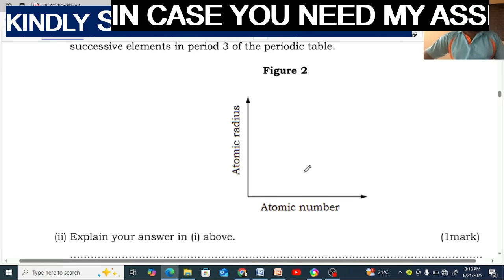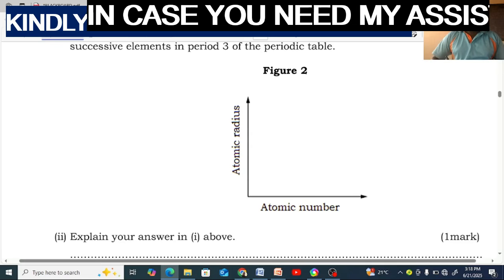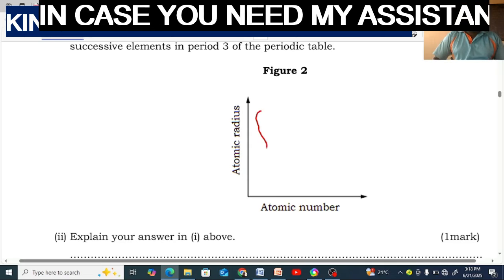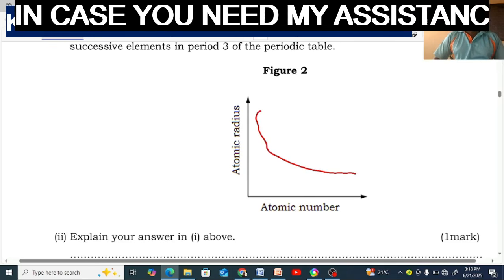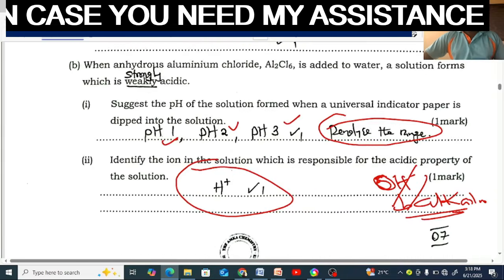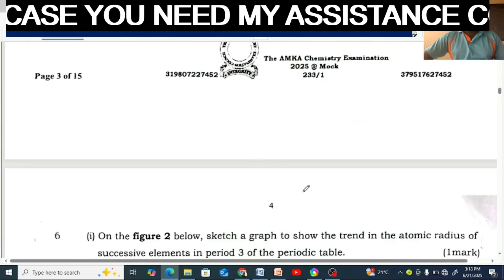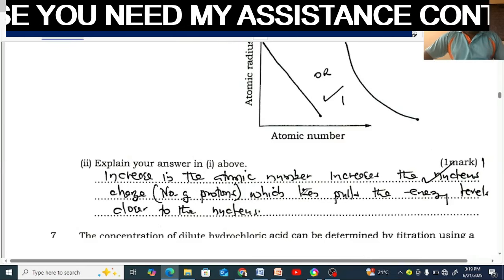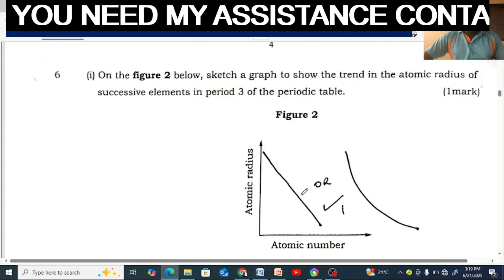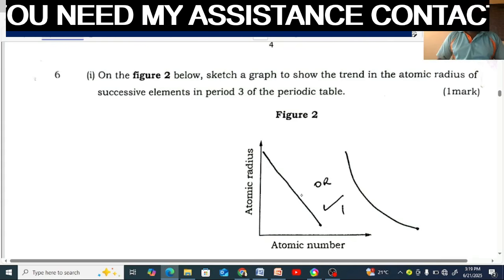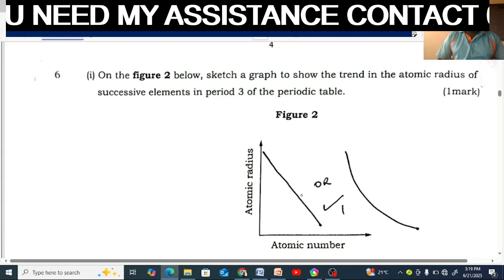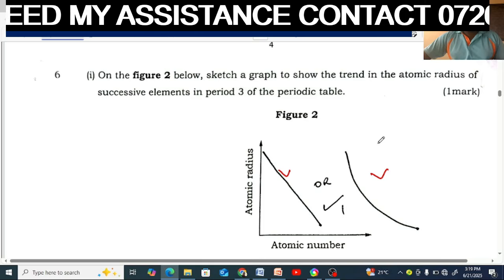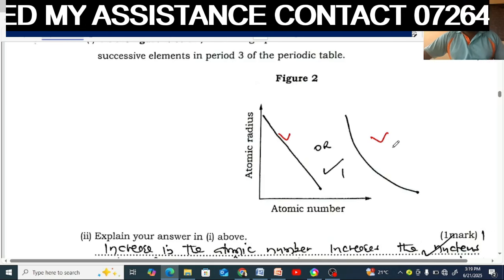If you know that, then you should know that this is what happens. So the graph goes like this. This is how the graph will look. It is either you use this line or this curve. Both are well represented, and it is good to use either.